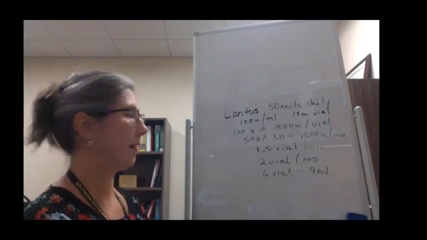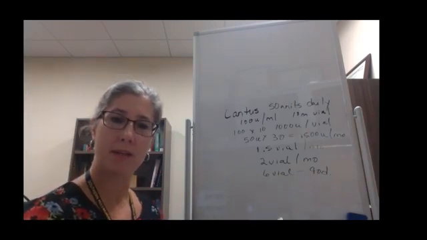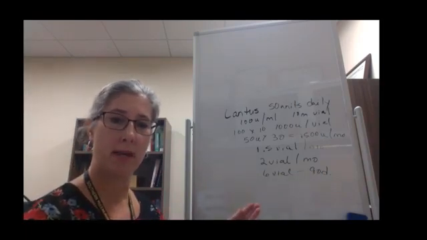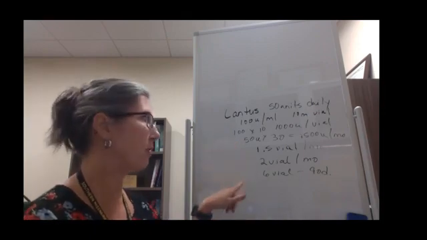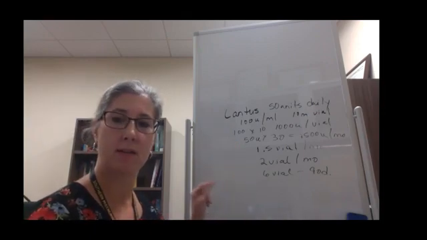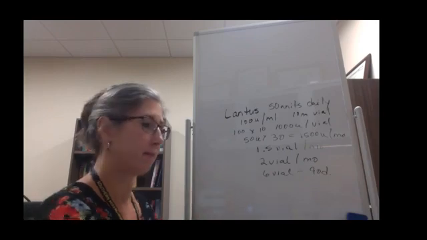I know that's a little confusing, but you just have to work out the math and be sure that you tell the pharmacy how many vials they need per month.